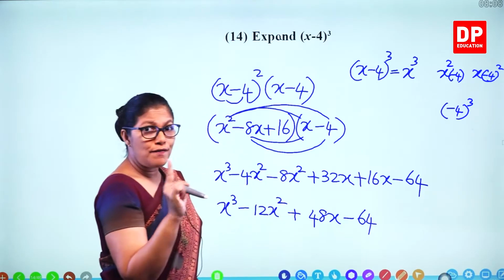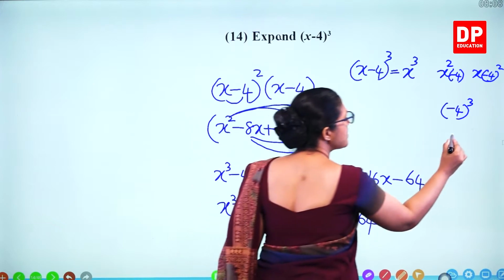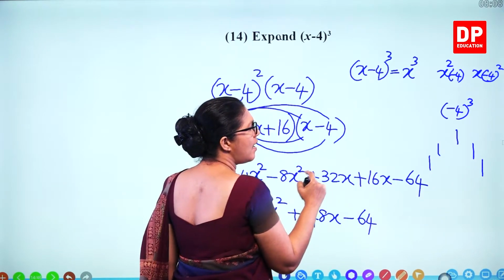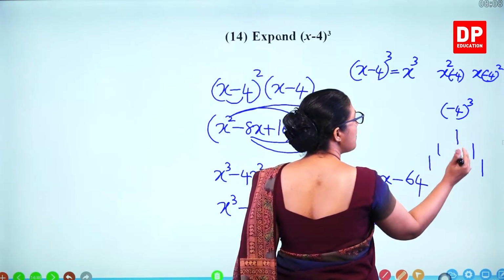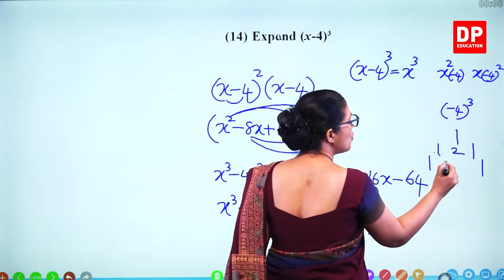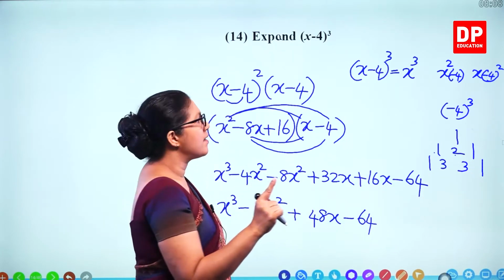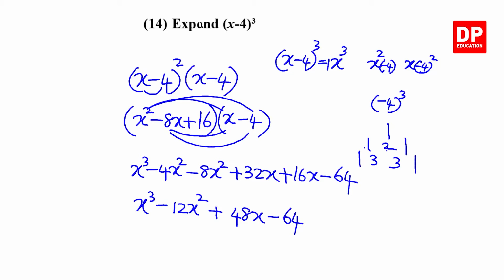And what about the coefficients? Can you remember Pascal's triangle? We write ones there. How do you get the middle values? 1 and 1 becomes 2, 1 plus 2, 3, 2 plus 1, 3. So 1, 3, 3, 1. So you put the coefficients 1, 3, 3, 1.